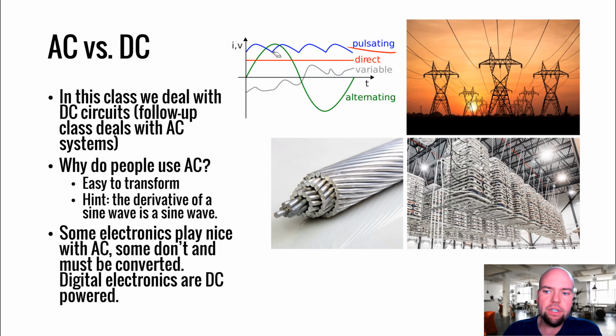So, for sending power long distance, which we generally call transmission, we usually do that with a very high voltage, sometimes hundreds of thousands or millions of volts, and that allows us to minimize the current and send the same amount of power.